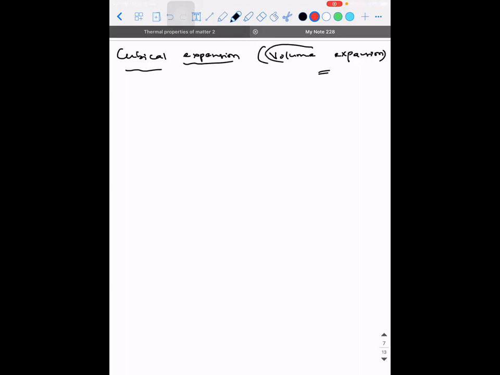So when I say volume, it is applicable for what kind of objects? It should be three-dimensional, right? So for three-dimensional objects, we can think of the concept of cubical expansion. So I'm not drawing it again. If I call VI the initial or original volume, V final is the final volume.